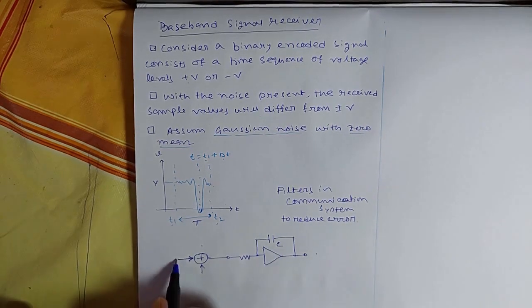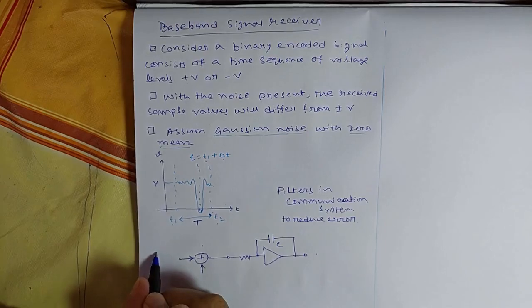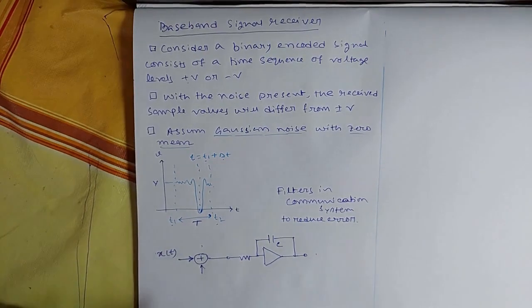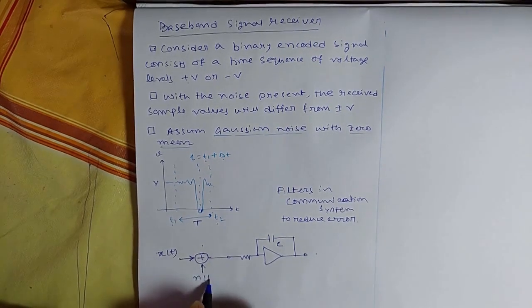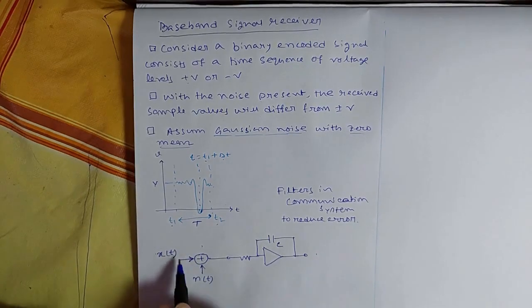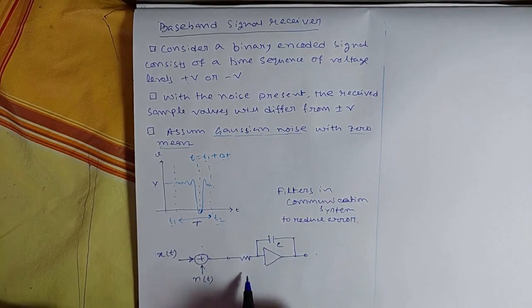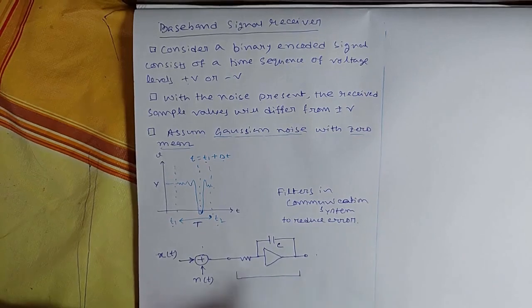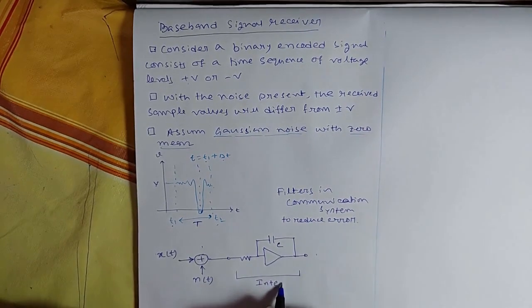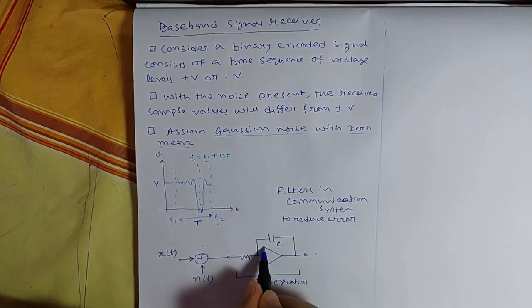In this case, the input is the original message signal, or the transmitted signal, maybe x(t), and it is added with noise n(t). x(t) can be either plus V or minus V. So this mixture of the two signals will be passed through an integrator. This part of the circuit is the integrator, and that part is a high gain amplifier.